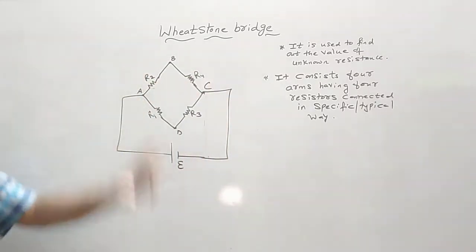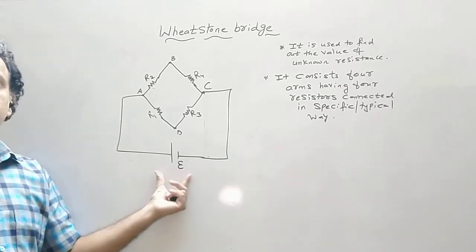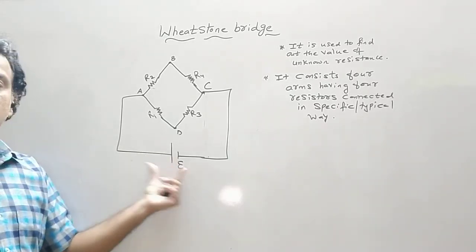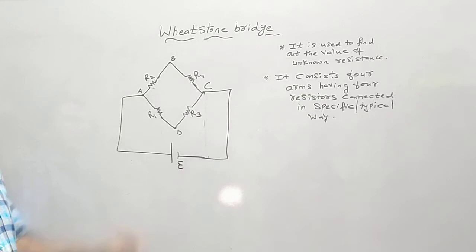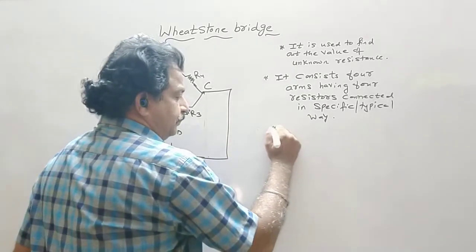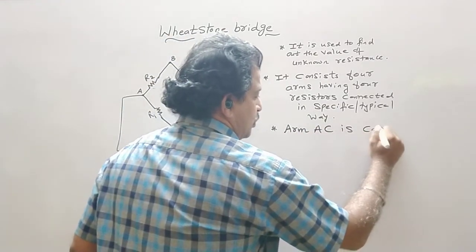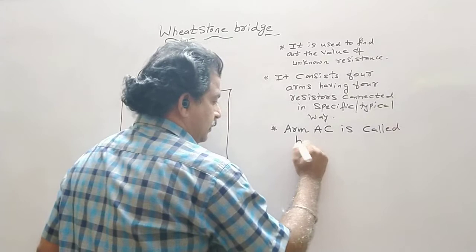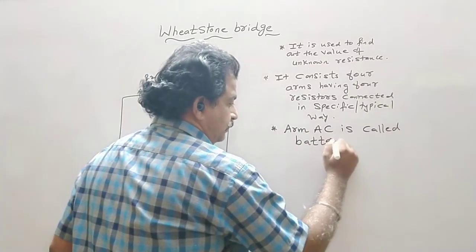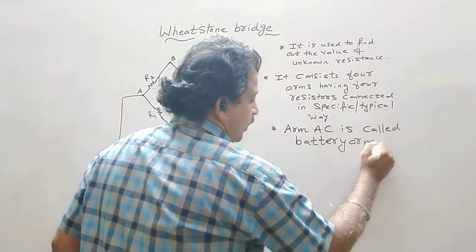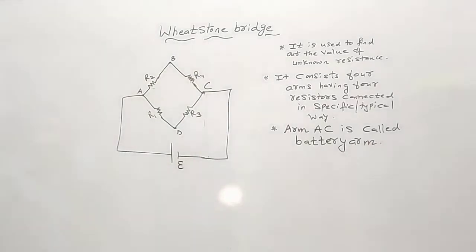Across one of the diagonals we connect a battery of EMF E whose internal resistance is 0. So this arm AC is called the battery arm because we have connected a battery across it.